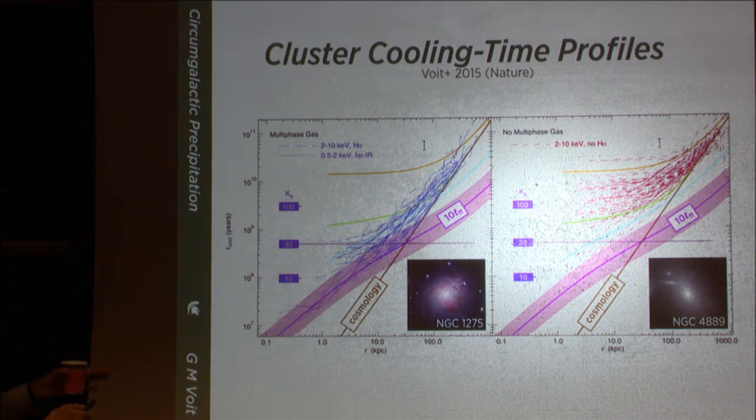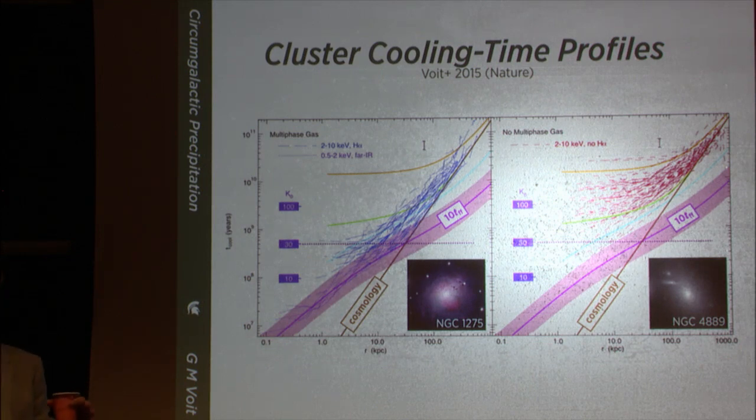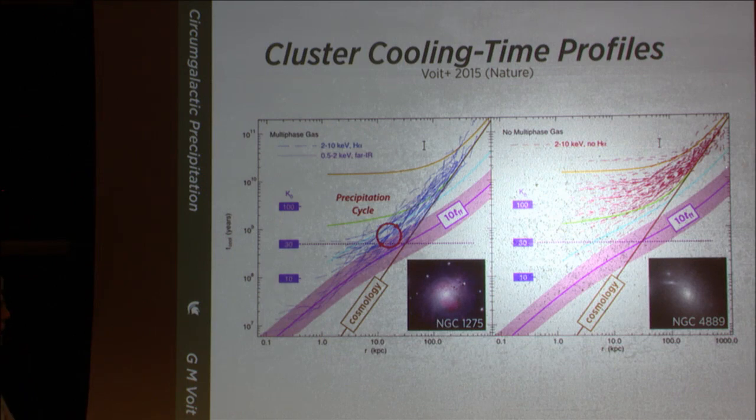Those are the only elements that go into calculating this magenta line, and it just tracks the bottom envelope of those profiles. It looks like there's a limit below which these things can't go. And the hypothesis here is that's the lower limit of a precipitation cycle. If you try to get the gas to go to too low a cooling time, it becomes volatile, and the AGN will just push it back.